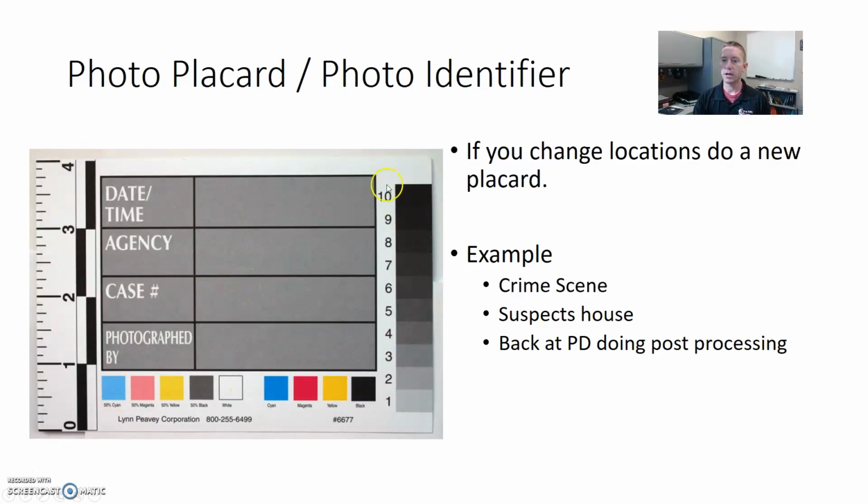This particular photo placard has this grayscale down the side, has these colors. This is a way for us to white balance our cameras, so under certain lighting conditions, colors can be kind of muted, colors can actually be changed. The old cliche, yellow and blue makes green, so we're outside during an early evening crime scene.